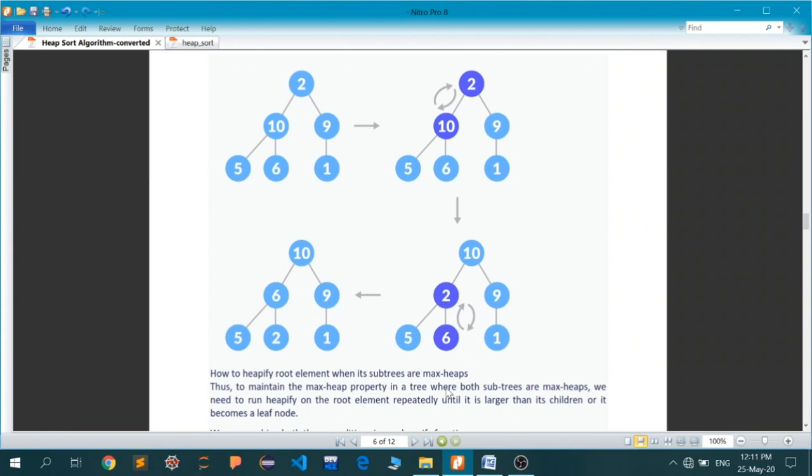That is your base case. I think you have understood why heapify is calling itself. It will not stop until it has reached the leaf nodes, and once it has, you can say that your complete binary tree is now converted to a max heap.